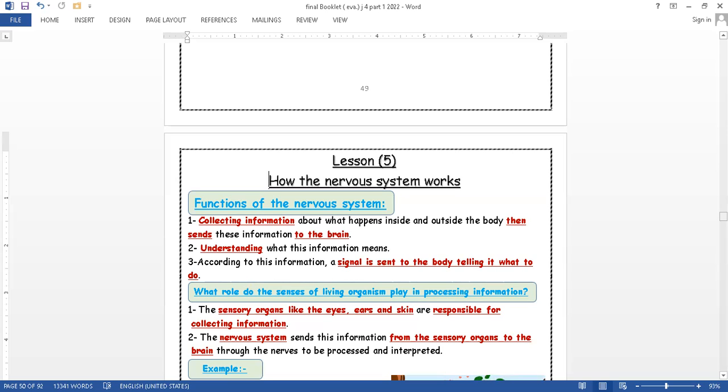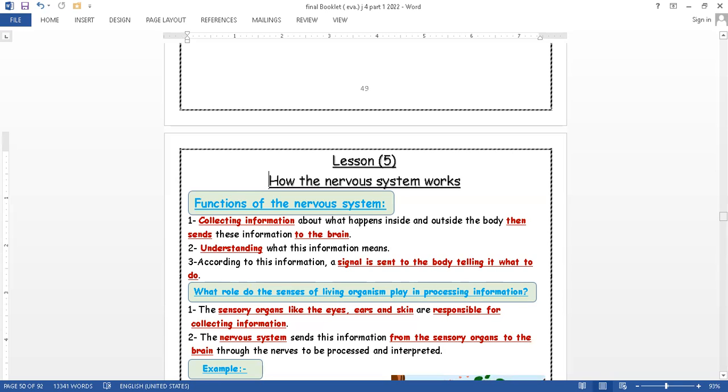This collecting of the information is done with the help of our sensory organs. Number two, the nervous system sends this information from the sensory organ to the brain through the nerves to be processed and solved.